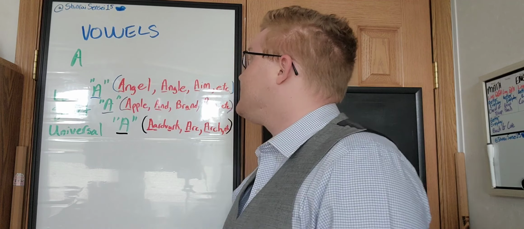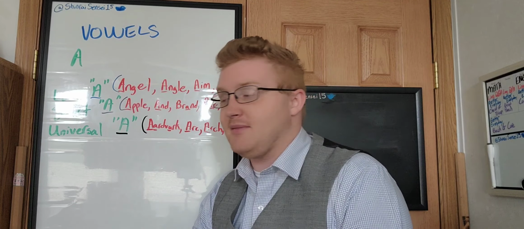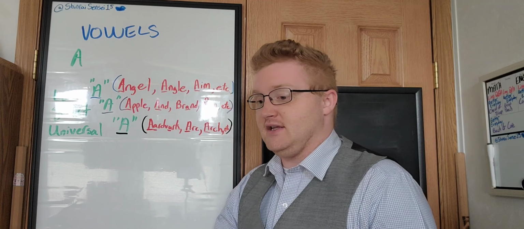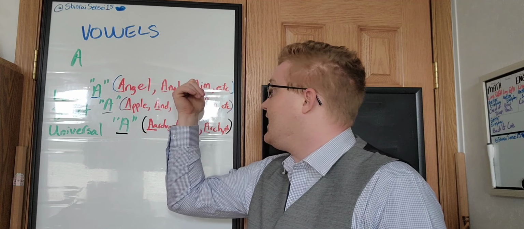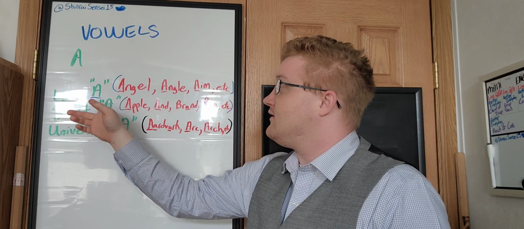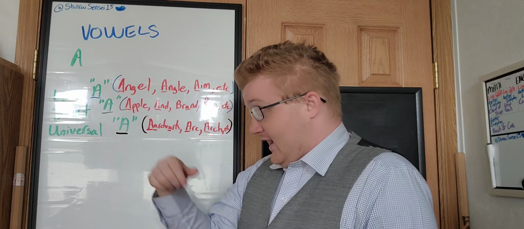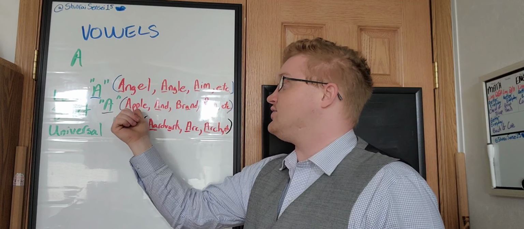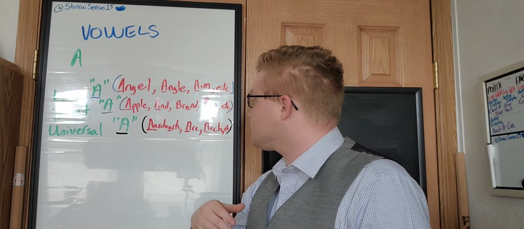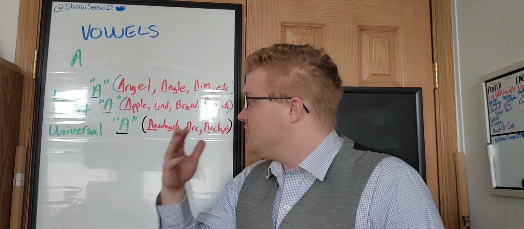So the long A, anytime there's an E that's helping the A sound come out, or anytime that it's followed by the letter I too, like in aim, you're going to see that long A sound come out. The short A is mostly going to be followed by consonants, or exclusively going to be followed by consonants, right?